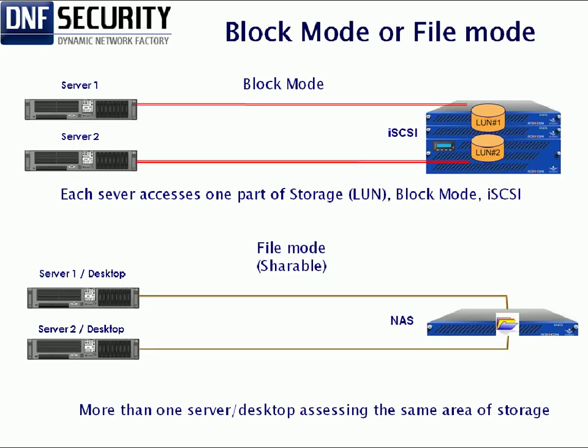iSCSI uses a transport that's exactly like disk drives. It moves data in a block fashion. It's strictly ones and zeros. The iSCSI Internet SCSI uses SCSI commands, which is a command structure that has been around for a long time. It started with SCSI attached drives and is also used in fiber channel implementations.